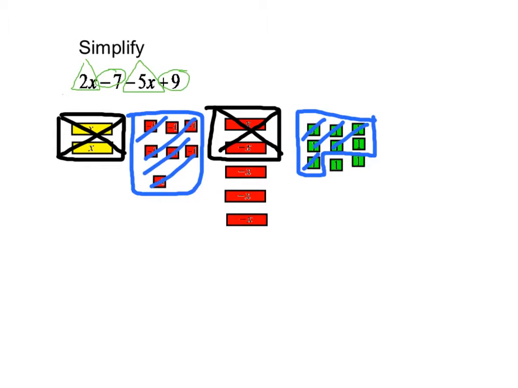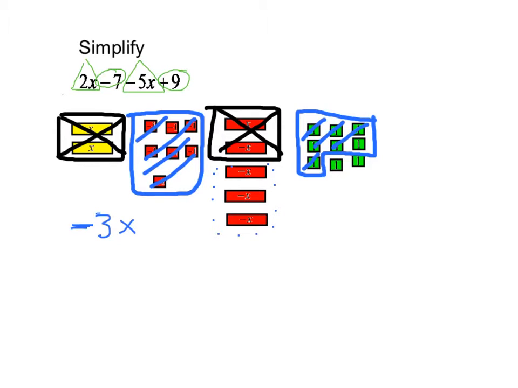And you can see the 2x and the negative 5x, that actually is going to get me negative 3x. Let me get this a little thicker now. That's going to get me negative 3x, and that's reflecting these right here.